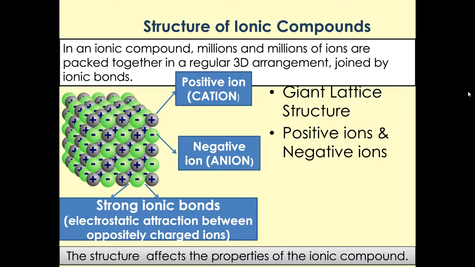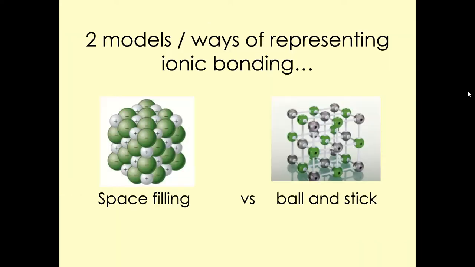The positive ions we call cations and the negative ions we call anions. Because they're opposite charges, you've got a strong electrostatic attraction between the oppositely charged ions. So ionic bonds tend to be strong. That structure affects the properties of the ionic compound, so we need to be able to link the structure and the properties.